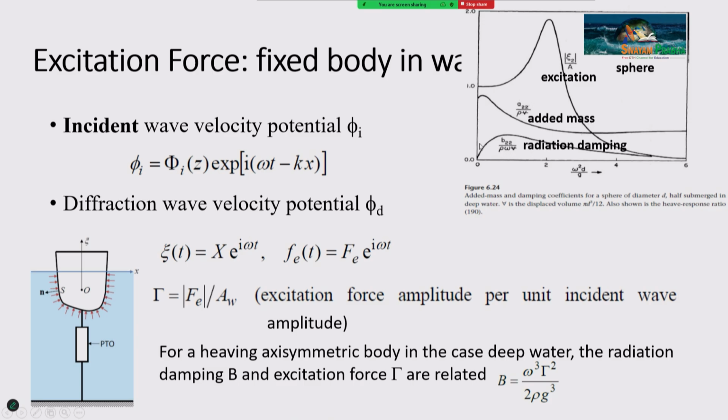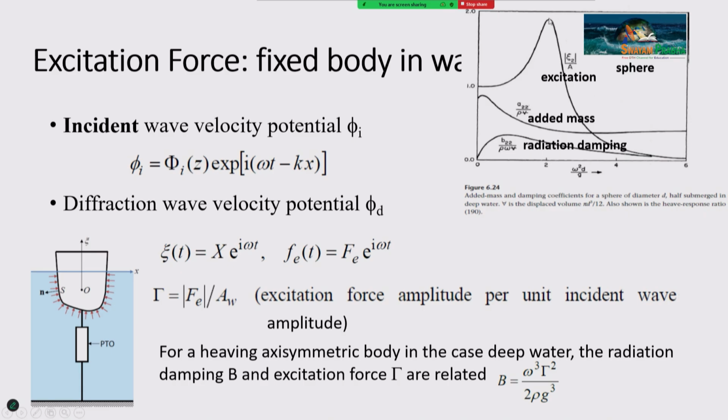Look at this figure again. I want to point out something. The added mass wouldn't change too much along this frequency range. Radiation damping can change very quickly, from a very large number to something close to zero. And the excitation force is also a function of frequency.